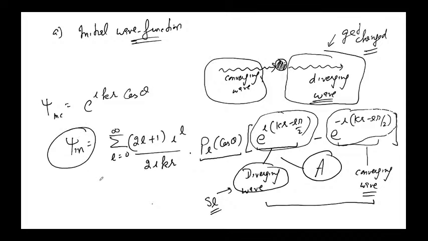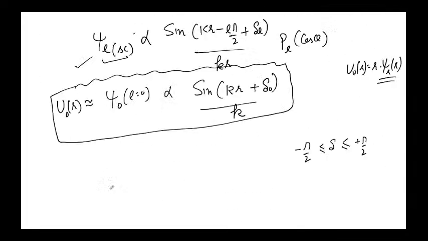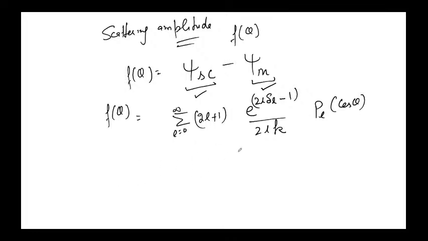So when you subtract these two equations, you can calculate the value of the scattering amplitude, and it comes out to be the sum of 2l plus 1, exponential of 2i sigma_l minus 1 over 2ik, P_l cos theta.